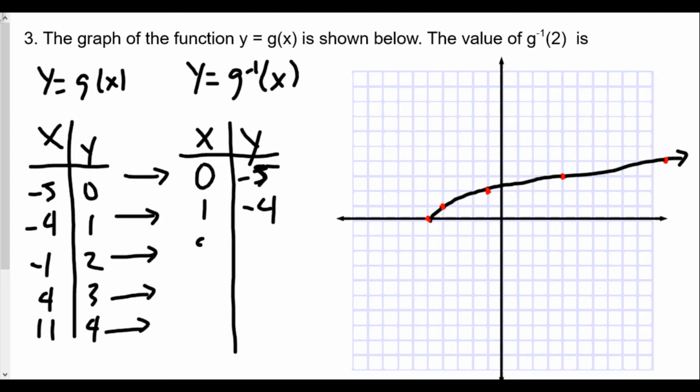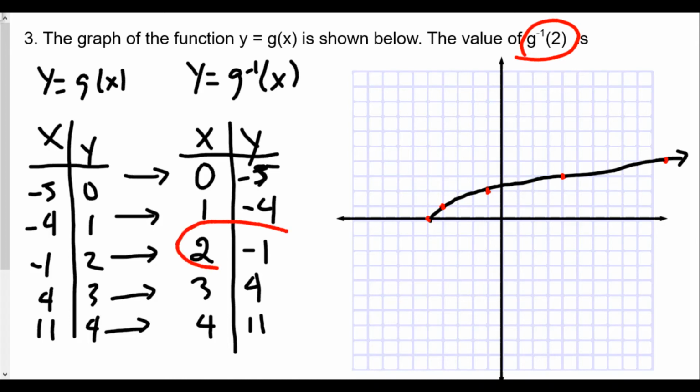Negative 1 comma 2 becomes 2 comma negative 1. 4 comma 3 becomes 3 comma 4. And 11 comma 4 becomes 4 comma 11. And so therefore the value of g inverse of 2, meaning when I plug 2 into the inverse, I will get a value of 1. Therefore, g inverse of 2 is equal to 1.